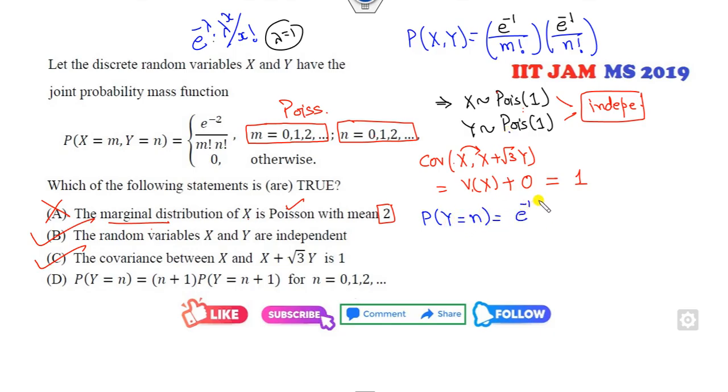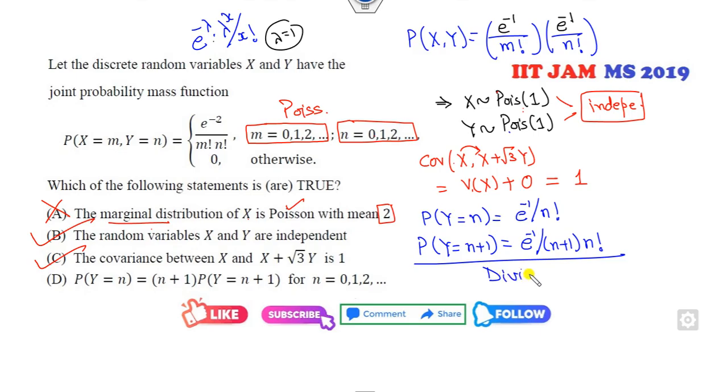So this is my answer. Then what is the probability of y equal to n plus 1? I can write n plus 1 factorial as n plus 1 into n factorial. If you divide them, you can see this is the correct option. So B, C and D are the right answers.